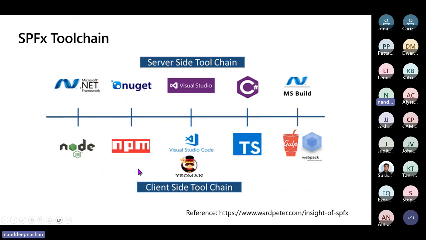Then we have got NPM, which is Node Package Manager. What is meant by Node Package Manager is that there is a default functionality provided by SharePoint framework. But again, on top of that, you may want to start utilizing a few of the capabilities available from third party packages.